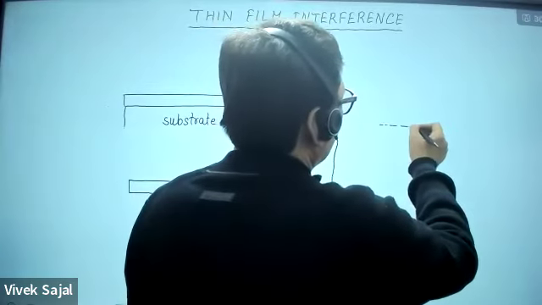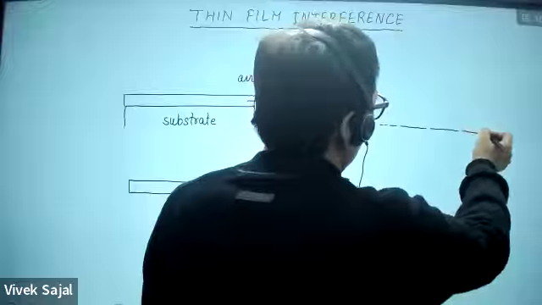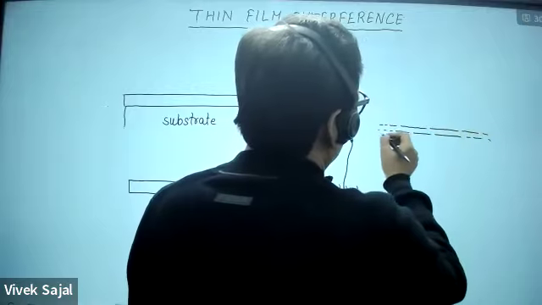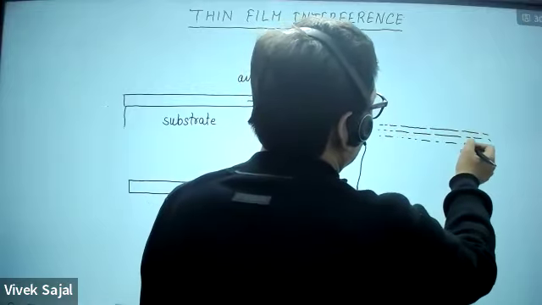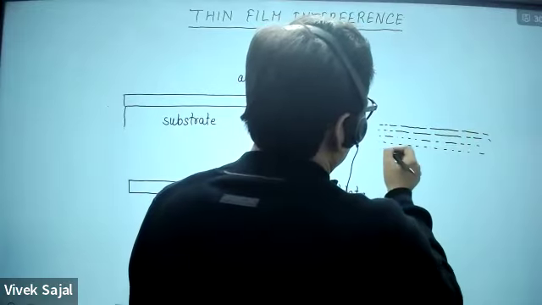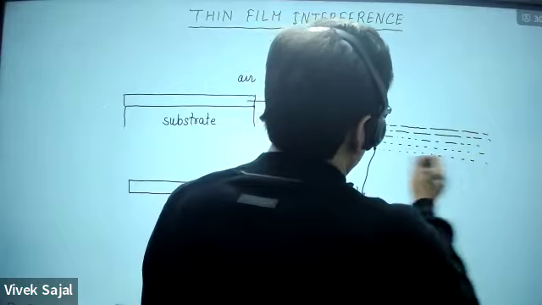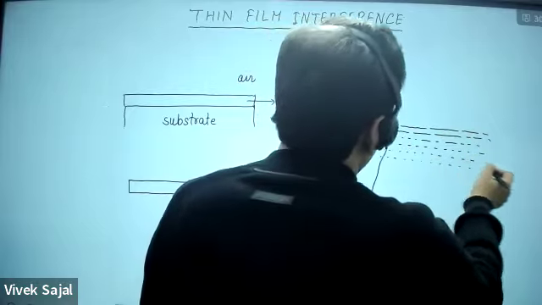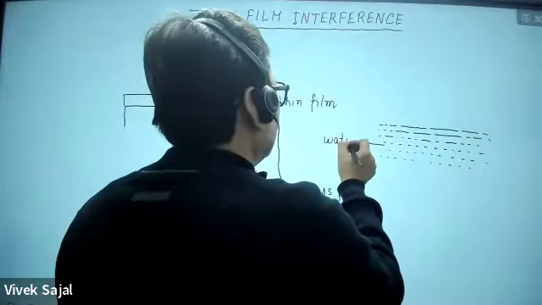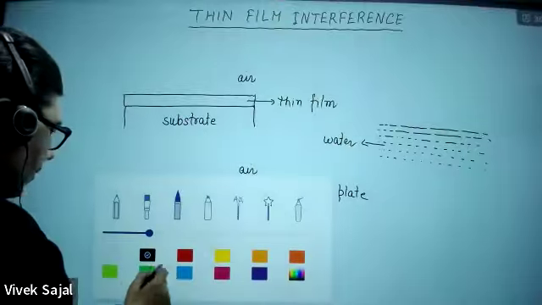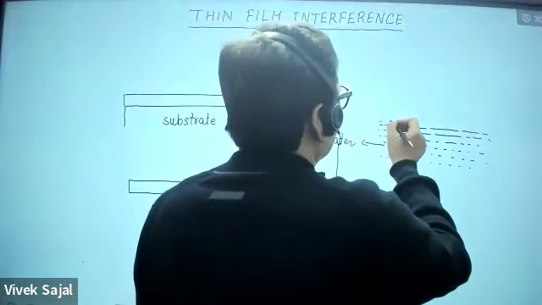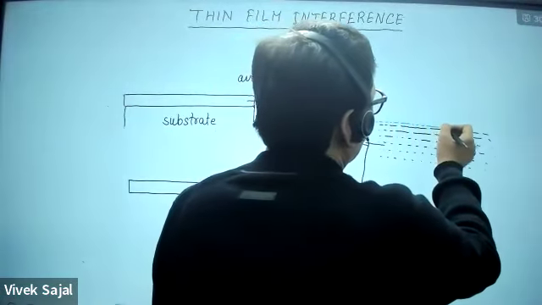Third, maybe like you are having water, and over this water an oil film is spread. So this is water here, and over this water we are having a thin film of some oil.